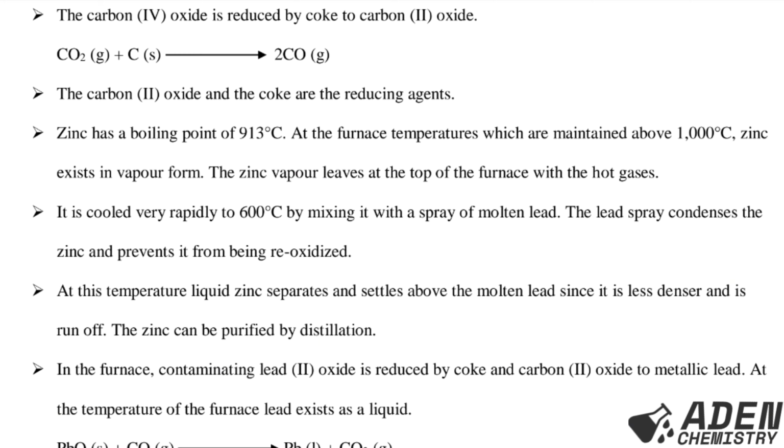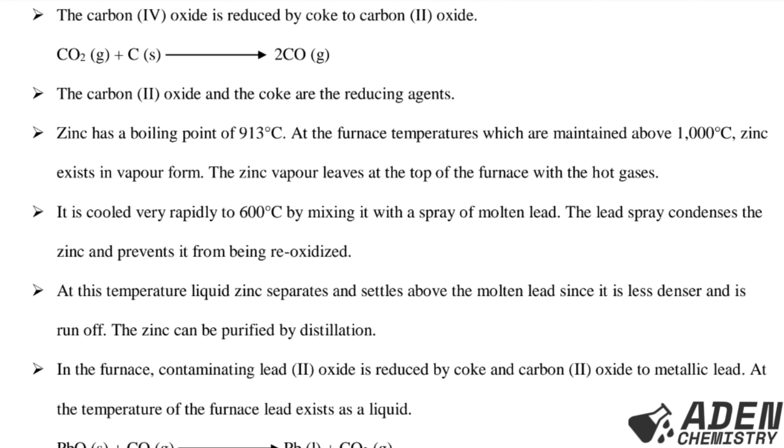Remember the hot gases that we were talking about when we were reading the chemistry of iron? They include carbon monoxide, carbon dioxide, nitrogen gas, and also nitrogen oxide gas. Those are the hot gases that we are talking about. The zinc vapor is cooled very rapidly to 600 degrees Celsius by mixing it with a spray of molten lead.